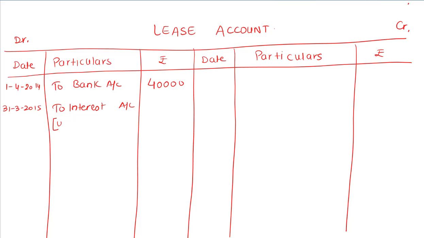So to interest account, 40,000 multiplied by 5% is 2,000. Close this quickly, 42,000.